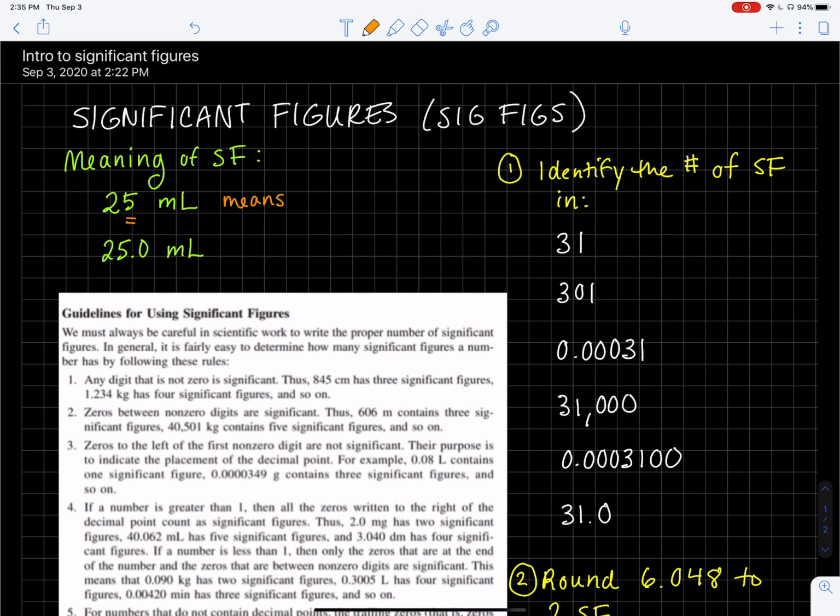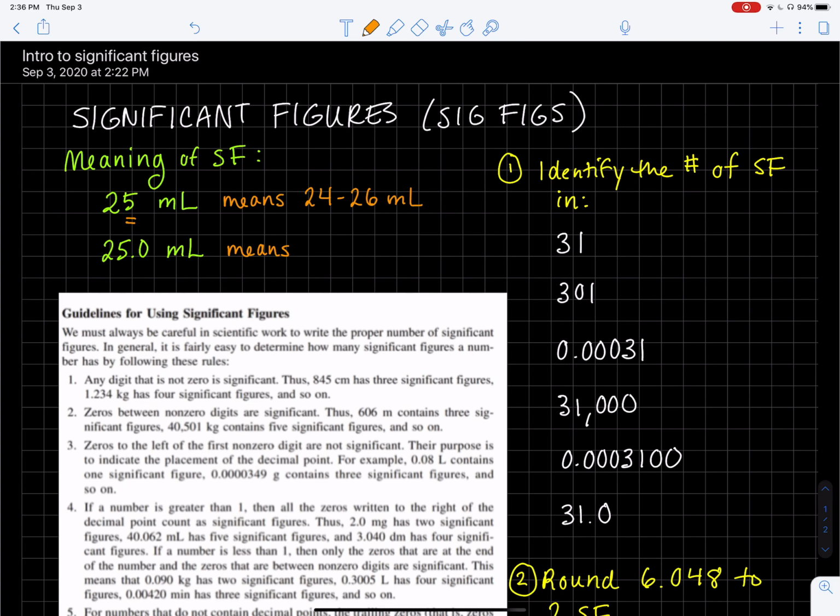So if I tell you something is 25 milliliters, written just like that, what I'm really telling you is that I know for sure it's somewhere between 24 and 26 milliliters, because I can be plus or minus one where the 5 is.